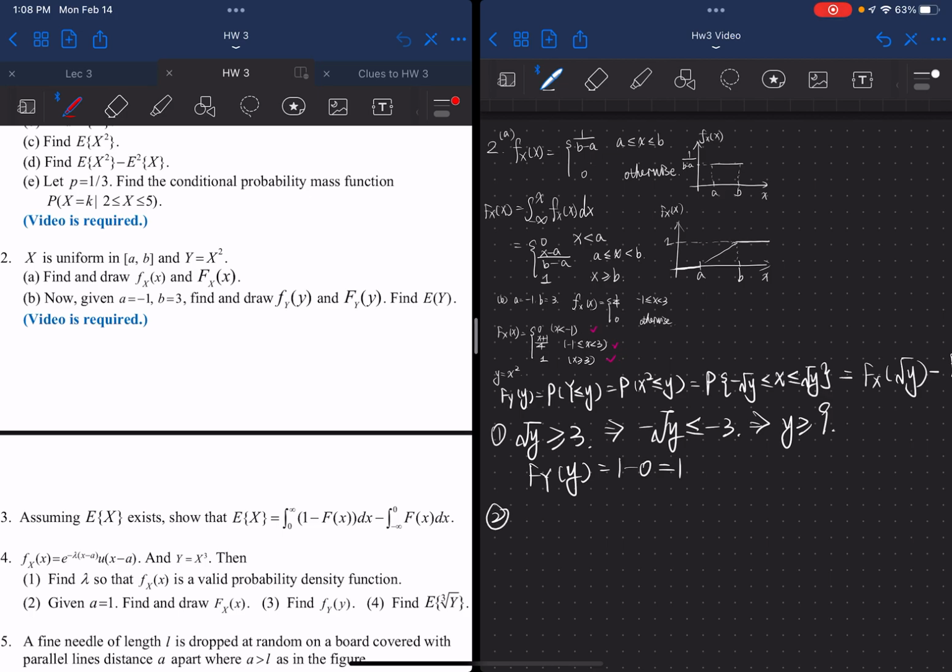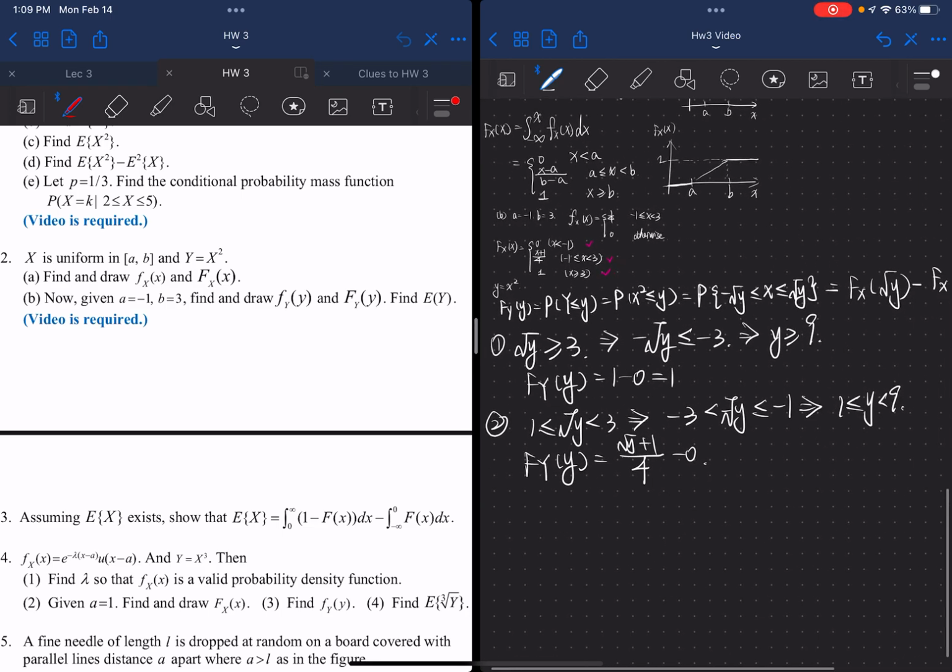The second segment is the square root of y between 1 and 3. In this case, minus square root of y is between minus 3 and 1, and y is between 1 and 9. The distribution function of Y equals (square root of y plus 1) divided by 4 minus 0.